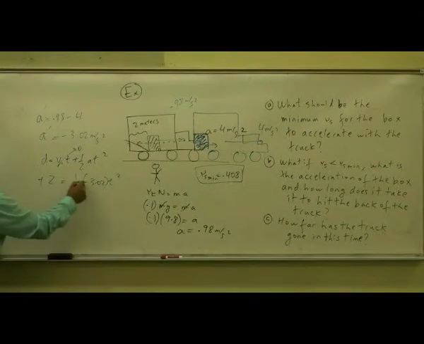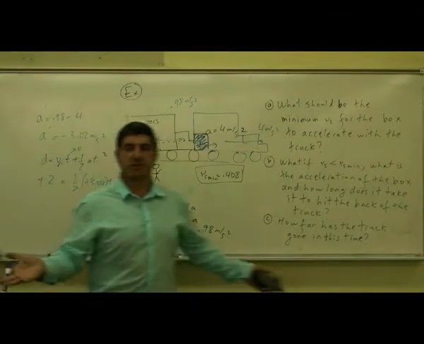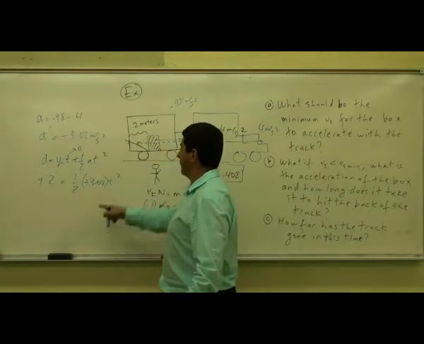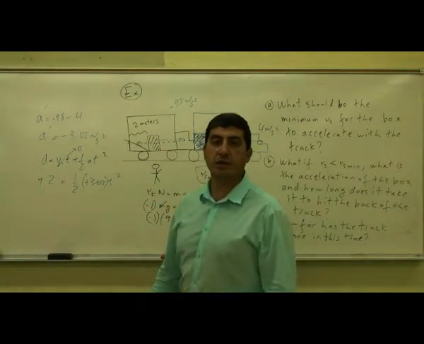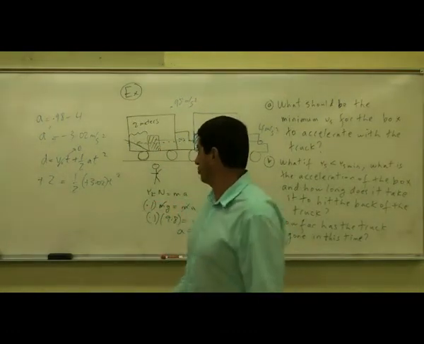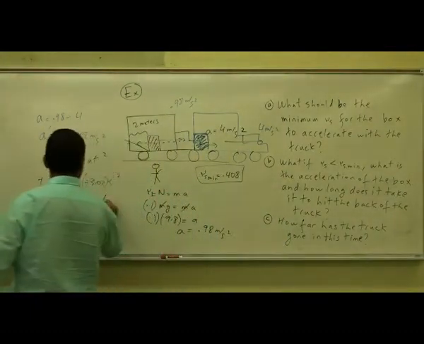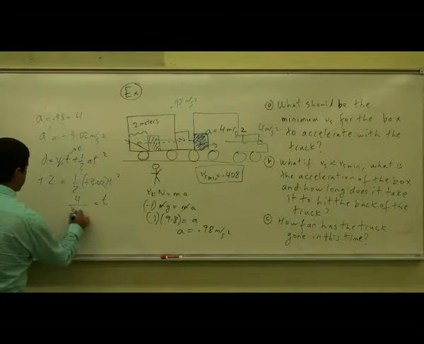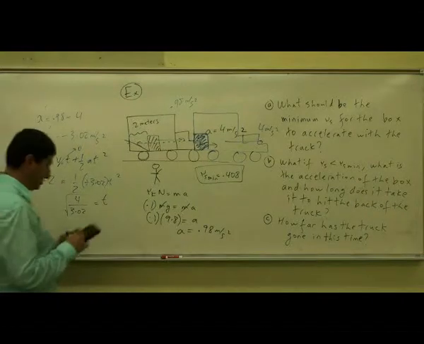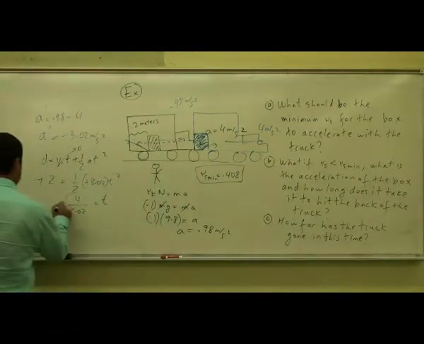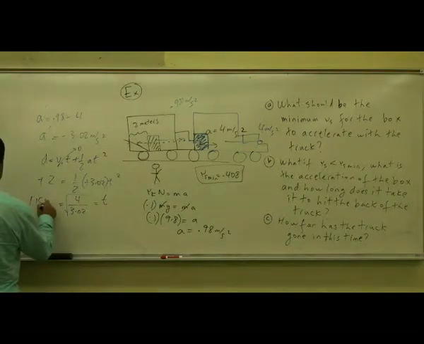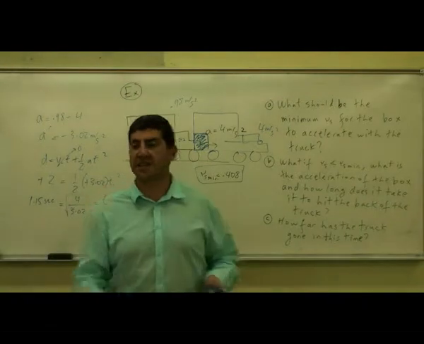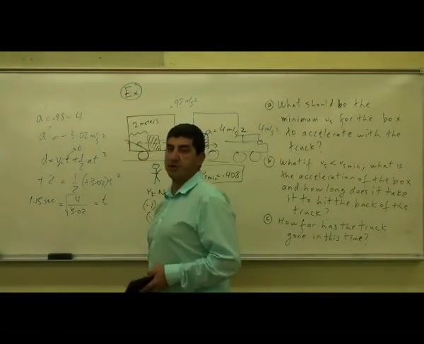So really we don't even need the negatives. The negatives cancel. The box is traveling 2 meters backwards, accelerating at a relative acceleration of 3.02. What's the time? t is equal to the square root of 4 divided by 3.02, which is 1.15. So in 1.15 seconds, the box is going to hit the back of the truck.